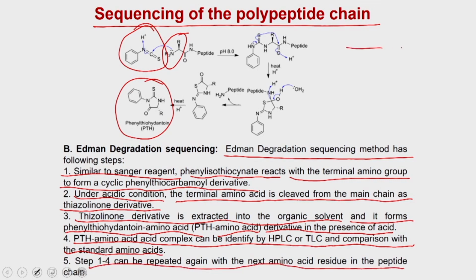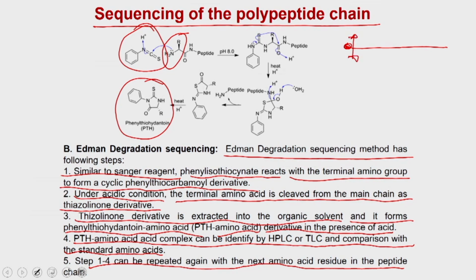So, you can imagine that you have a peptide chain. The terminal peptide is going to react with the phenyl isothiocyanate, and it is going to label the terminal amino acid to form a cyclic phenyl thiocarbamoyl derivative, and the terminal residue is going to be cleaved from the main chain.